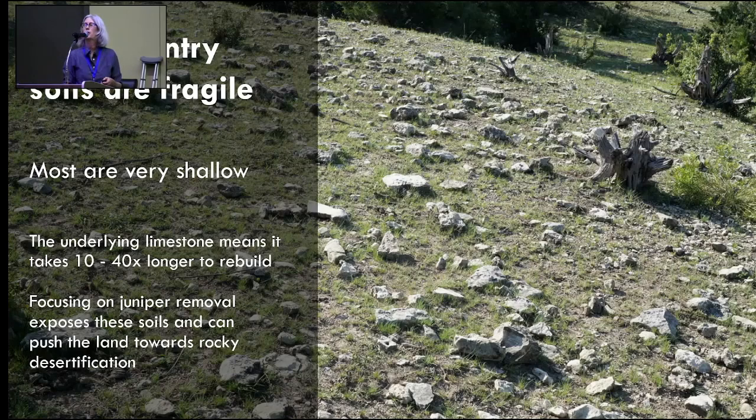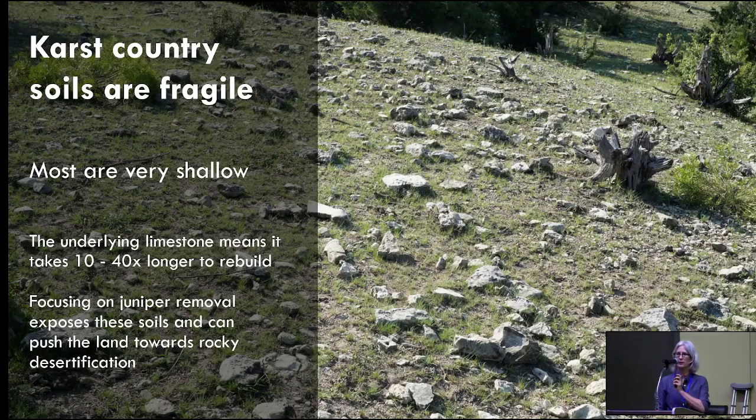Karst country soils are extremely fragile, very fragile. Most are very shallow, and the underlying limestone means it takes 10 to 40 times longer for our soils to rebuild than soils elsewhere. And a lot of that has to do with many places there's no subsoil, so as the limestone dissolves, it's not contributing, it just gets washed down.